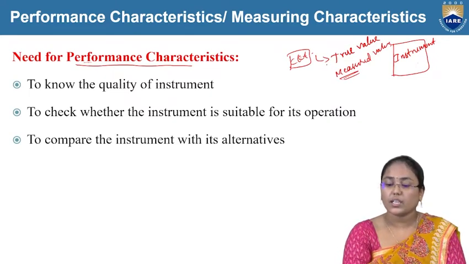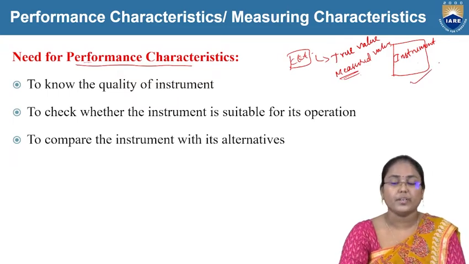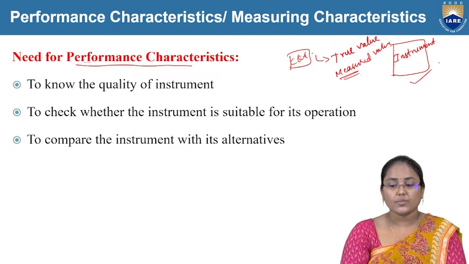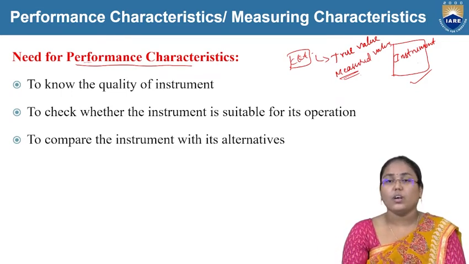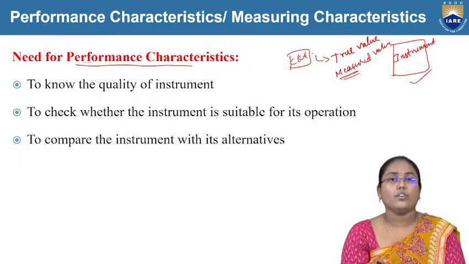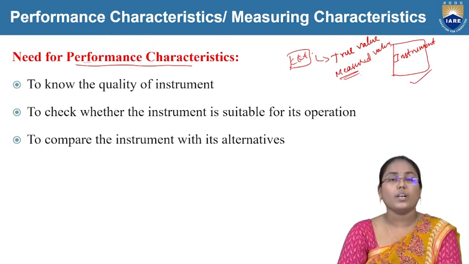Now here, when the measured value and the true value are the same, then I can say that the instrument is very accurate. So that's why we have to see whether there is any deviation of the measured value from the true value or not. So the first need for looking at the performance characteristics is to know the quality of the instrument, whether it is working properly.